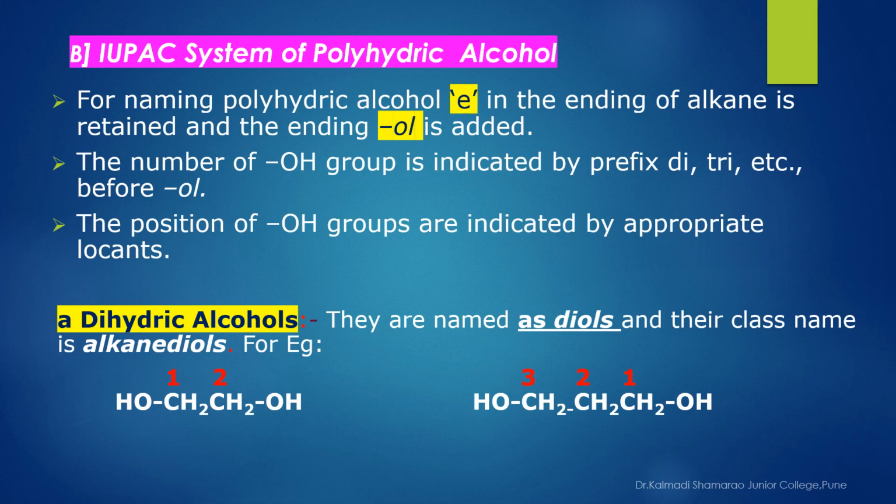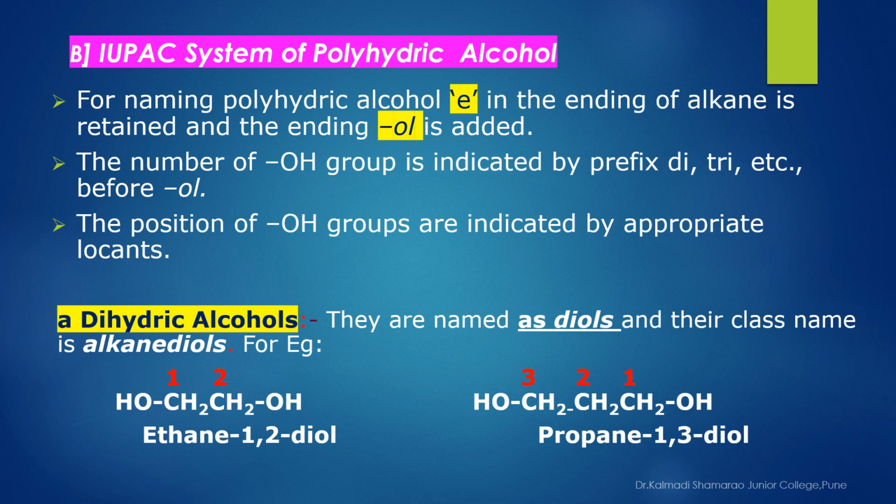In the first case, the two carbons are bearing the hydroxyl groups at 1 and 2, and in the second case, carbon number 1 and carbon number 3 have hydroxyl groups attached. Therefore, the first compound is called ethane-1,2-diol, and the three carbon chain is known as propane-1,3-diol.